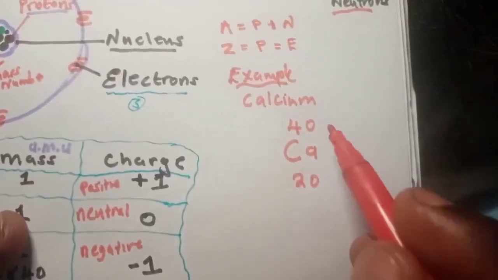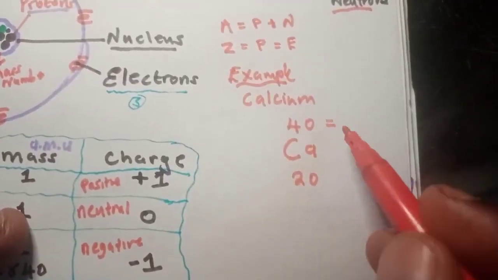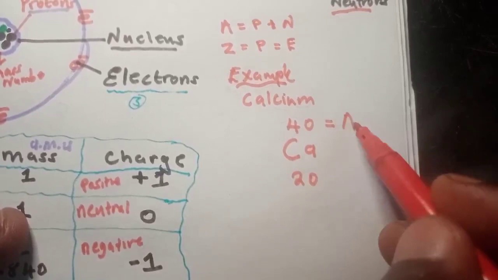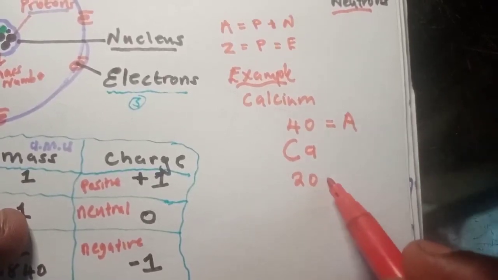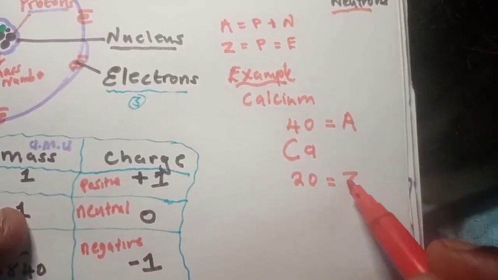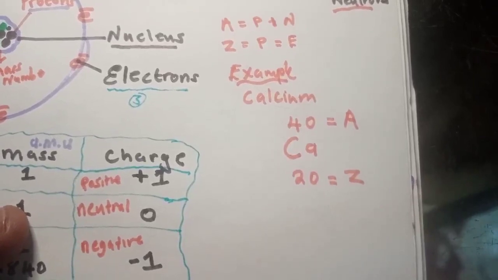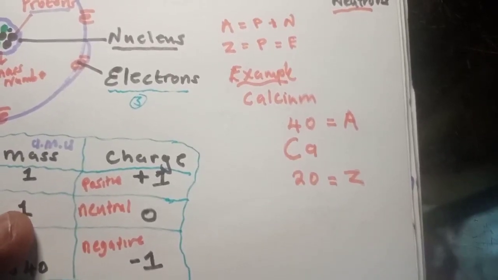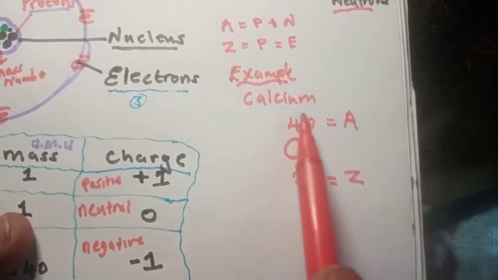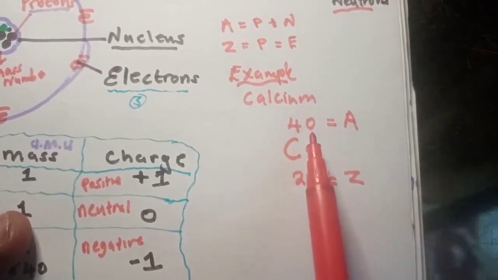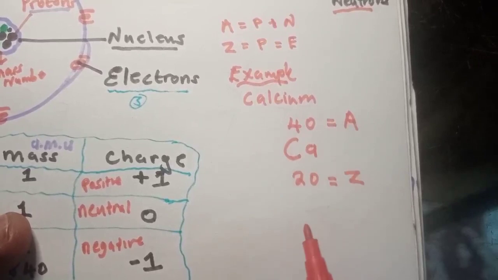This 40 up is your mass number, which is denoted by A, and the 20 which is down here is the proton number, denoted by Z. So if I ask you what is the mass number of calcium, go on the periodic table and look at the number on top.